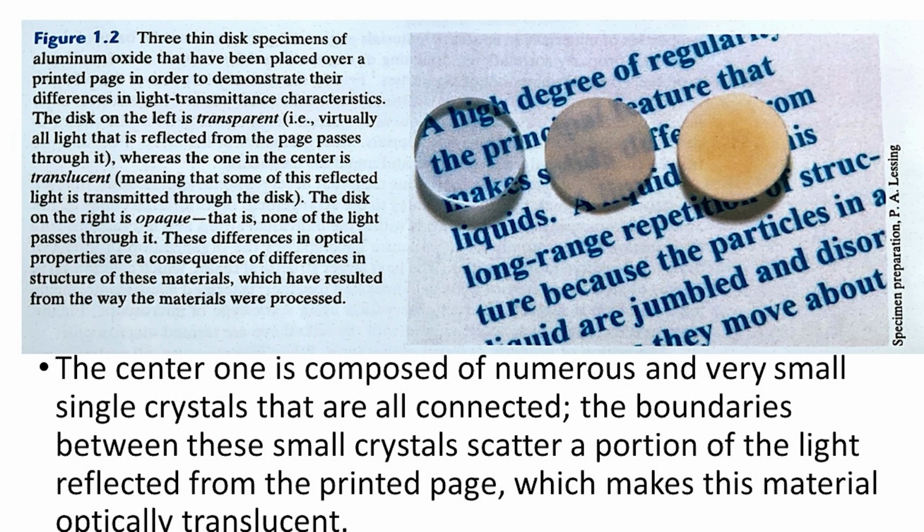The center one is composed of a number of very small single crystals. They are connected, and boundaries between these small crystals scatter a portion of the light reflected from the printed page, which makes this material not transparent.